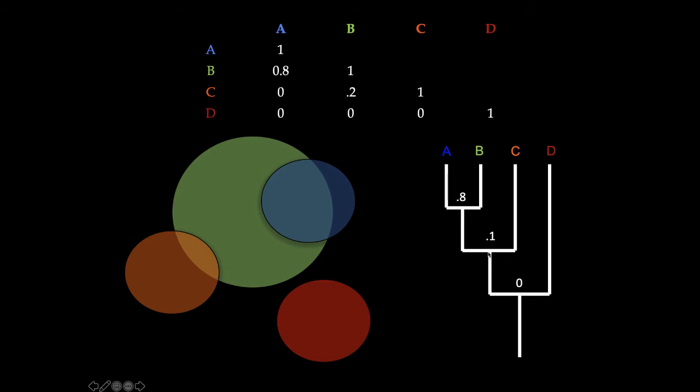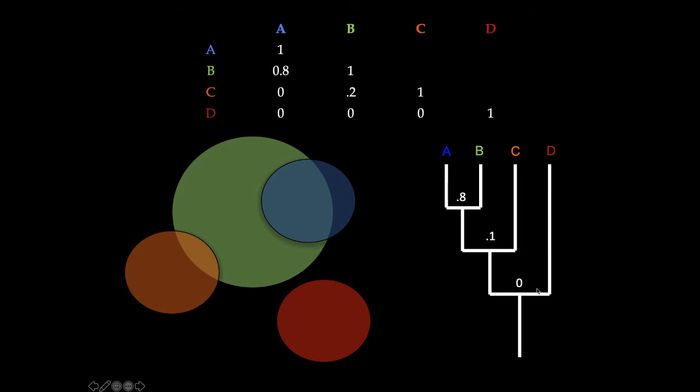The way this works is they have a topological averaging thing going on. So you say the overlap between C and clade AB is half driven by the overlap of C and B and half driven by the overlap of C and A. That means the overlap across this node is half of CB's overlap plus half of CA's overlap. So there'll be half of 0.2 plus half of 0.